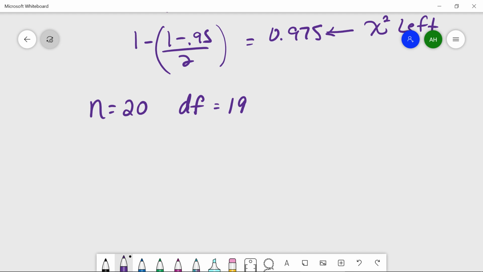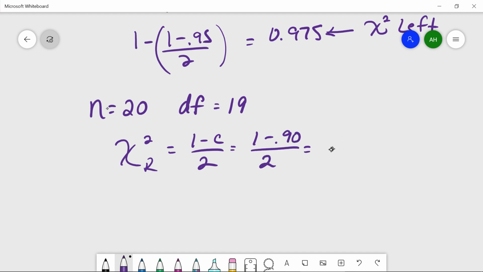As I look at my chi squared right, it is going to be 1 minus my confidence level divided by 2. So that's going to be 1 minus 0.9, divided by 2, so this is going to be 0.05.